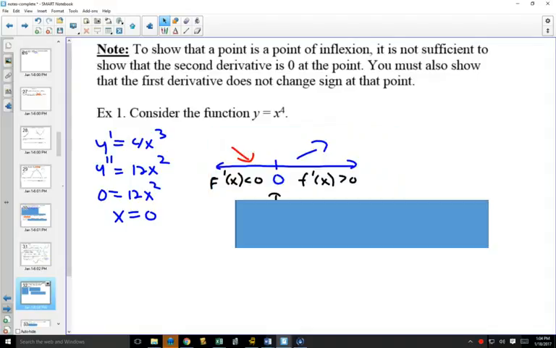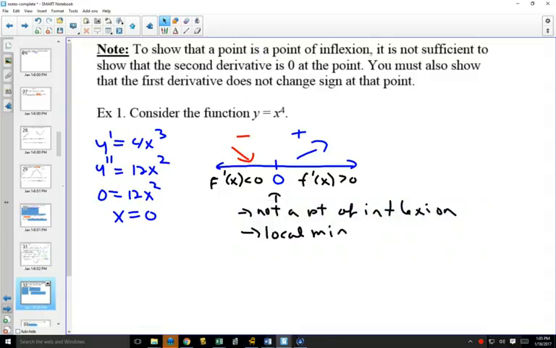Doing our first derivative test and putting 0 in there, we see that it is decreasing before it's equal to 0 and increasing after. So our first derivative is changing sign at that point. It's going from negative to positive. That makes that point a local minimum, but it will not be an inflection point.